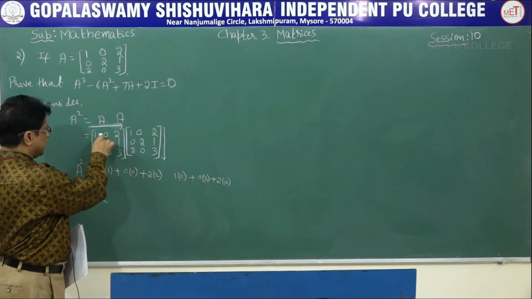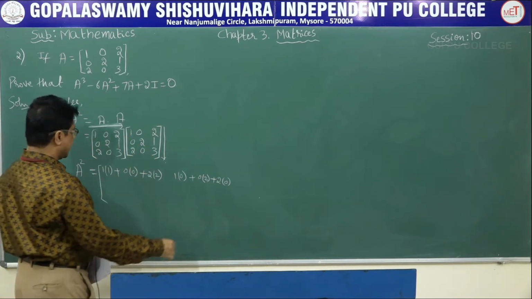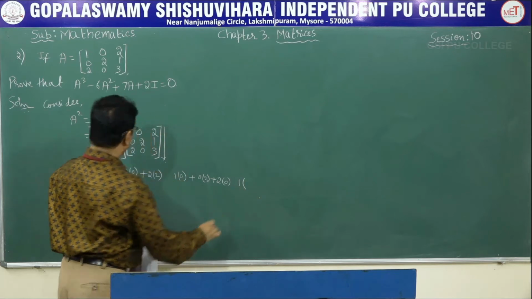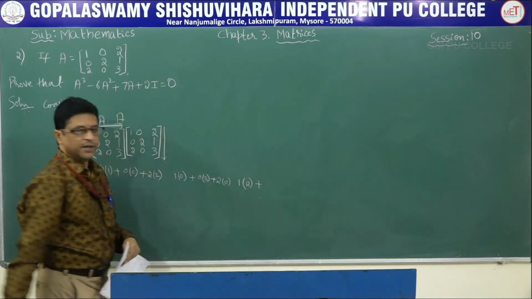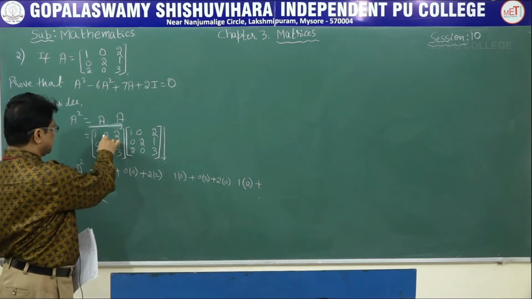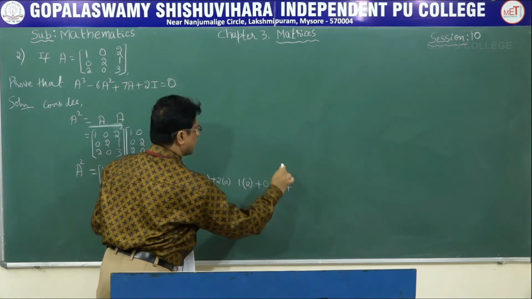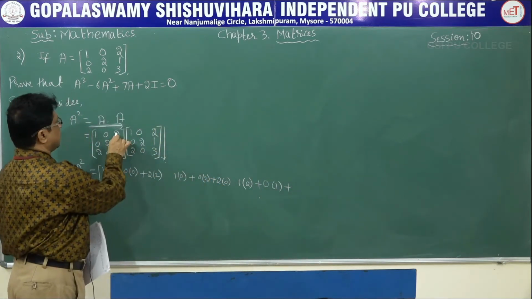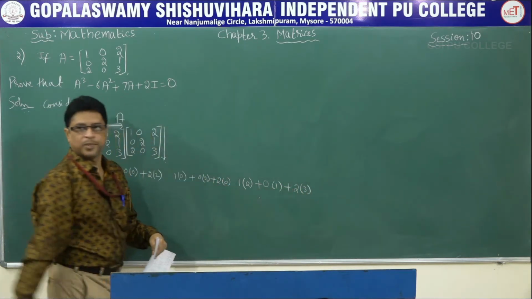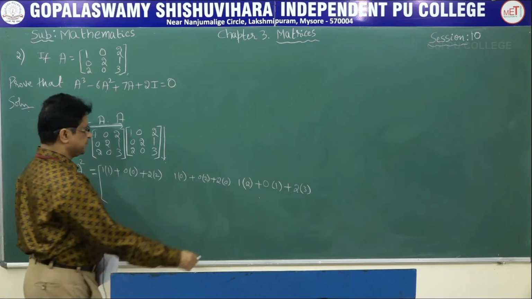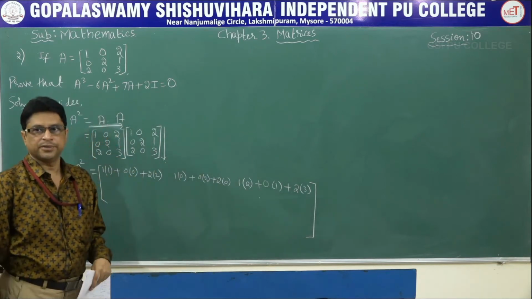Next element is first row into third column, that is 1 into 2 plus 0 into 1 plus 2 into 3.